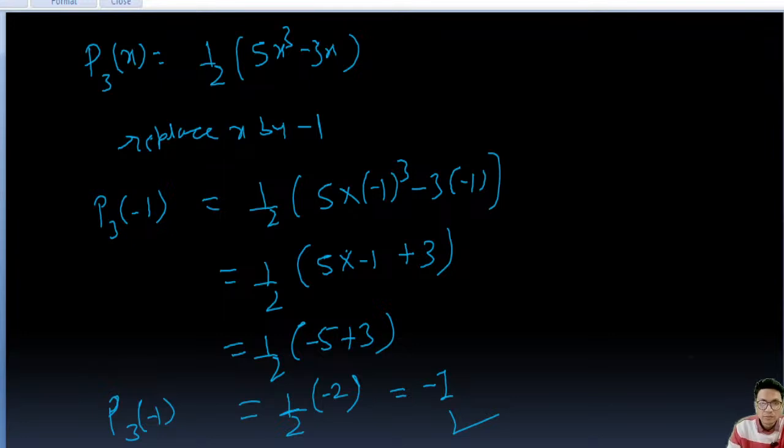Now we are going to solve the next question, that is question number 5. This is also a very good question.